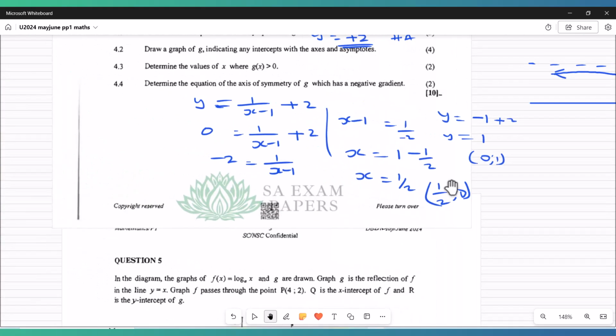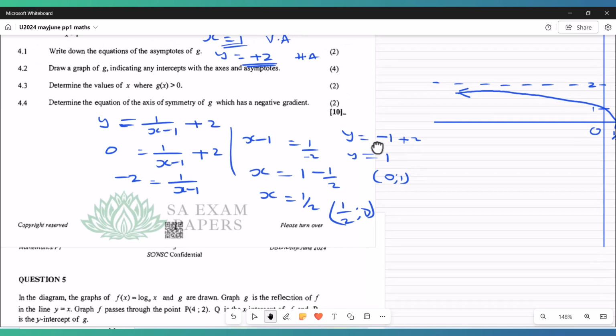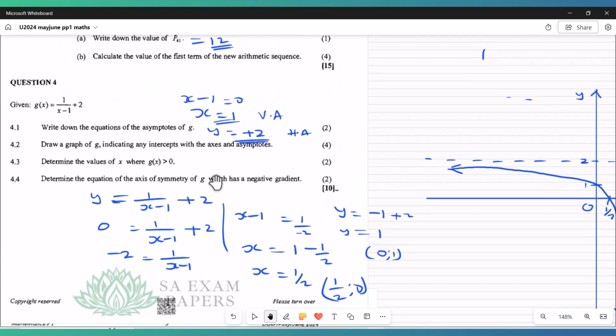What does it say? Determine the equation of the axis of symmetry of g which has a negative gradient. Negative gradient means we're going to use negative 1. Understand that in this case we have two lines of symmetry. One with a negative gradient, that is 4.4.